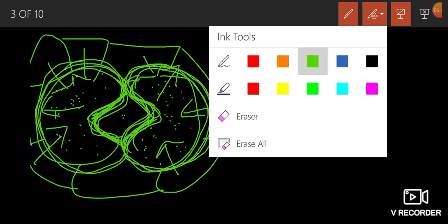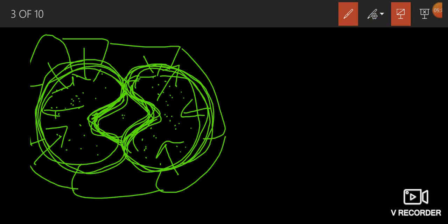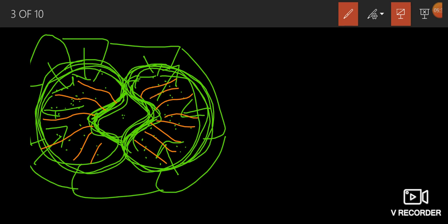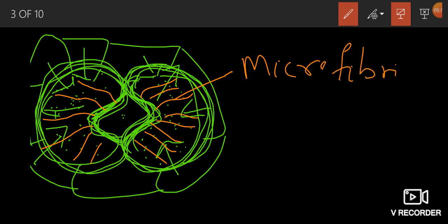Also, guard cells show radial microfibrils which help in opening of stomata. These microfibrils are made up of cellulose, and they are arranged radially in guard cells.